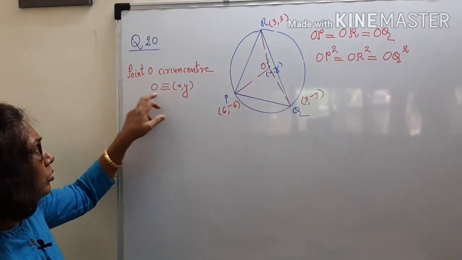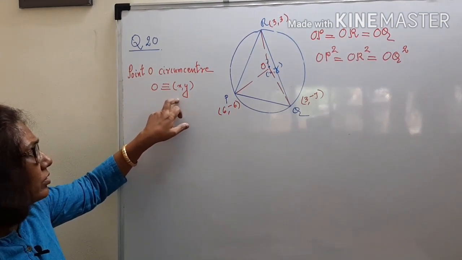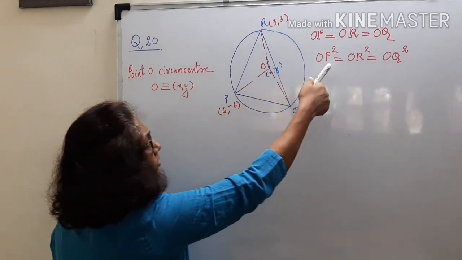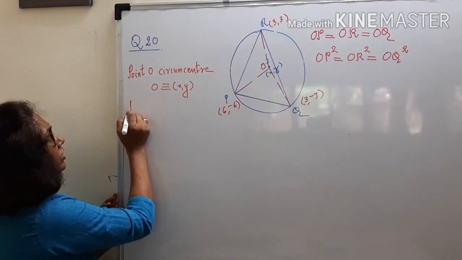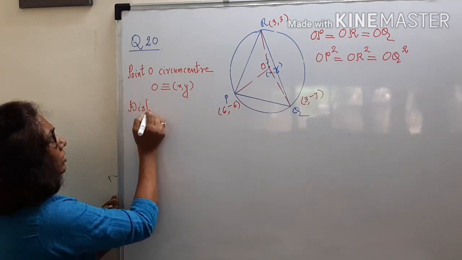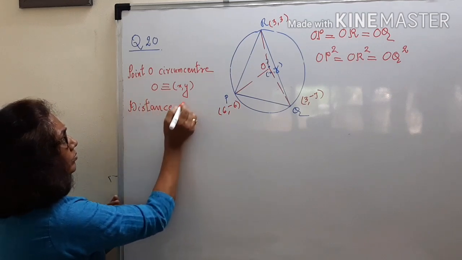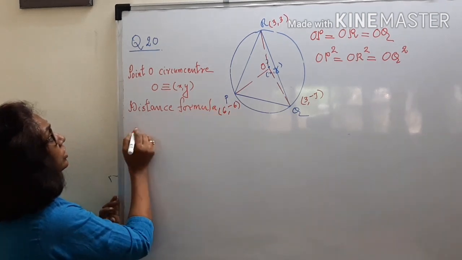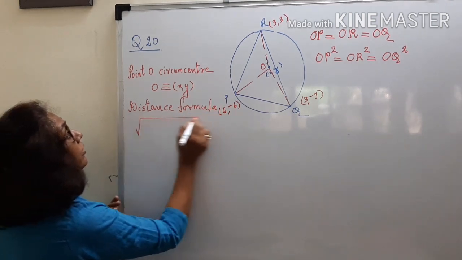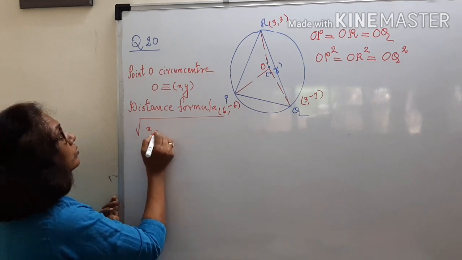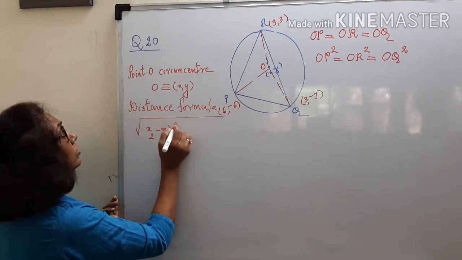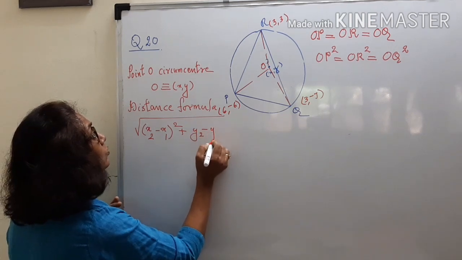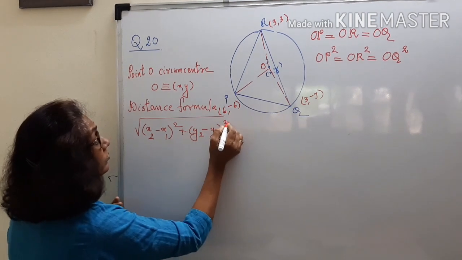We assume O as the center and the coordinates are x and y. To find this distance, we use the distance formula, which is under root x2 minus x1 the whole square plus y2 minus y1 the whole square.